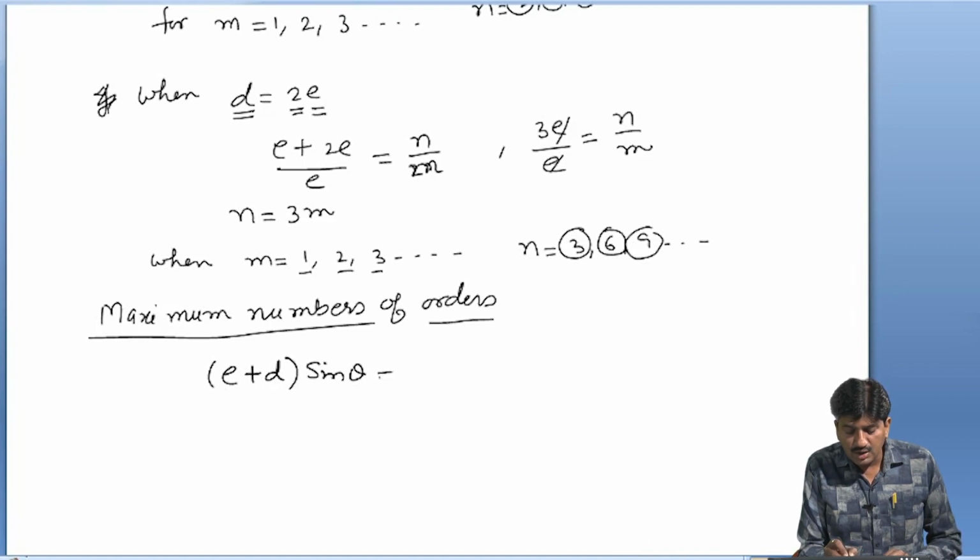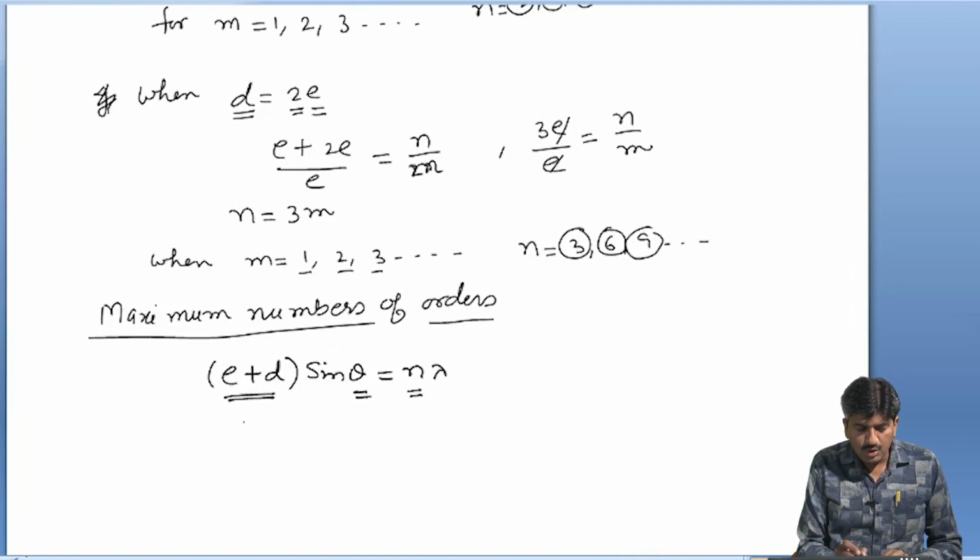We know that (E plus D) sine theta equals n lambda, where E plus D represents the grating element and theta the angle of diffraction. Suppose small n represents the number of the maximum order, and we want to determine it.